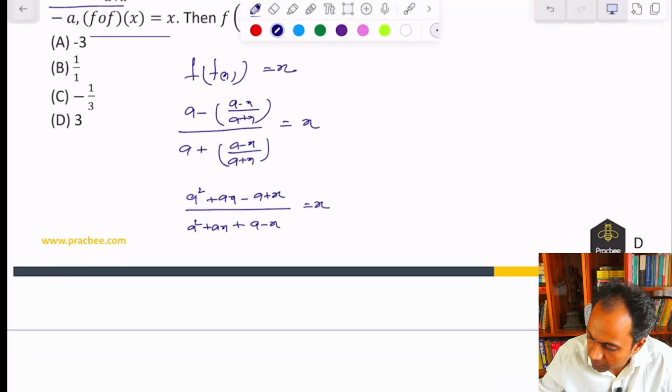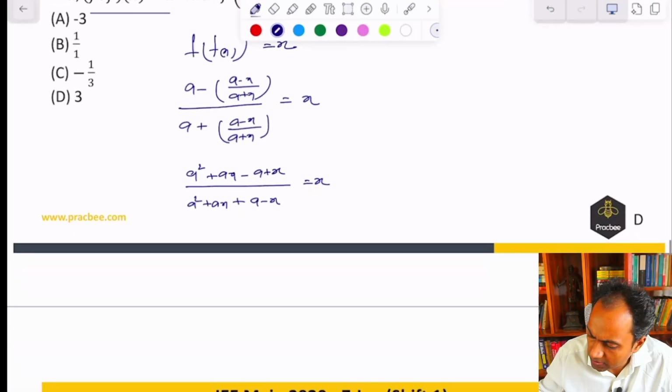So now what we can see here is, I can cross multiply and get all the possible values of a where this can happen. So if I cross multiply, this becomes a square plus ax minus a plus x becomes a square x plus a square ax square plus ax minus x square.